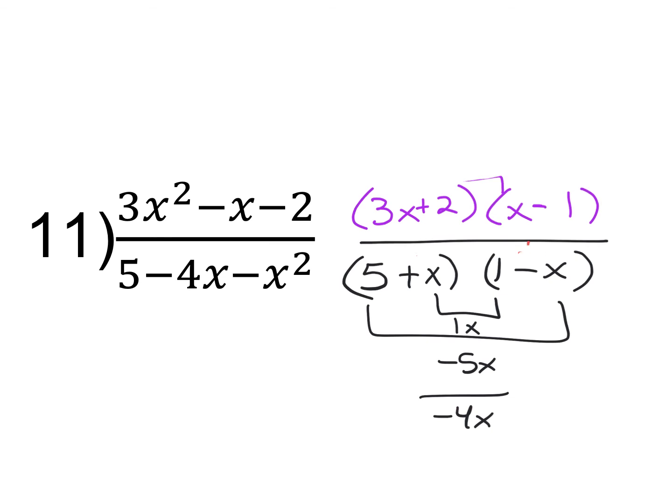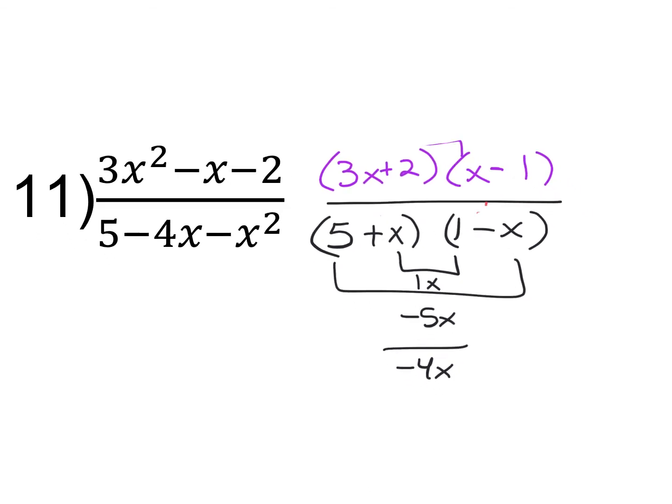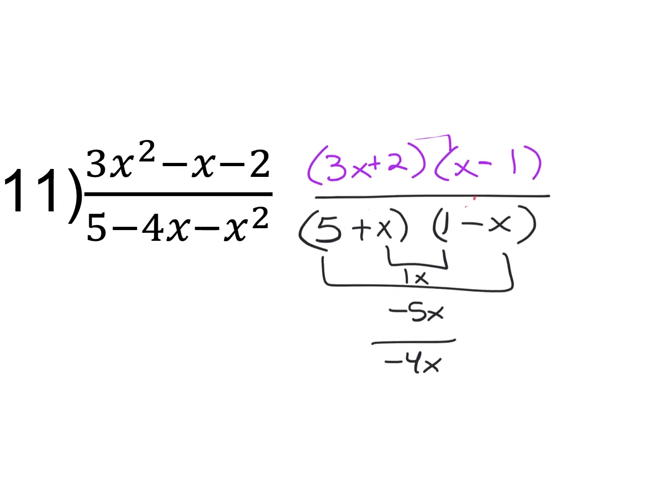All right, so now I can look for things to cancel. Again, notice these guys right here, the ones on the end. These two look very similar. So once you start recognizing these patterns, that the x and the 1 are opposite signs, immediately factor the negative 1 out of one of them.